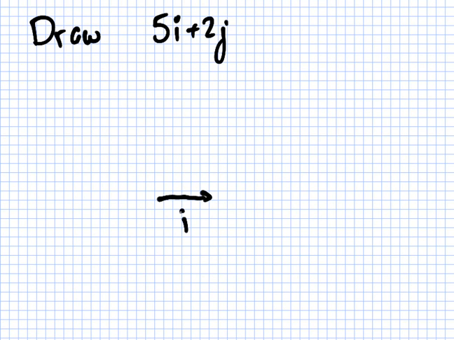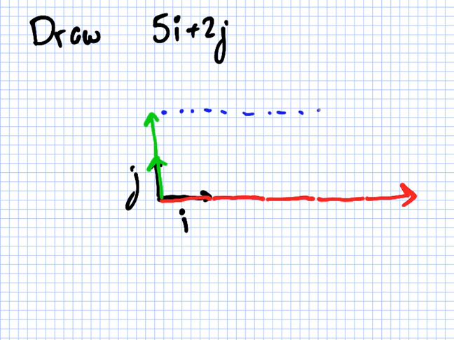So here is I, here is J, here is 5I, 1I, 2, 3, 4, 5I, and then here is 2J. 1, 2. Adding these together, you know how to do that. We go parallel, and we go parallel, so we make a nice rectangle, and then here is the answer. Here is 5I plus 2J.